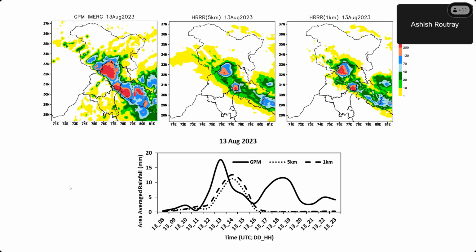the 5 kilometer. The bottom panel is showing the time series of the rainfall, but here the lacuna is the second peak of rainfall. None of the models is picking up the second rainfall. If you see the exact timing, it is a 1 hour lag, but the amount of rainfall is well comparable with the GPM from the 1 kilometer.